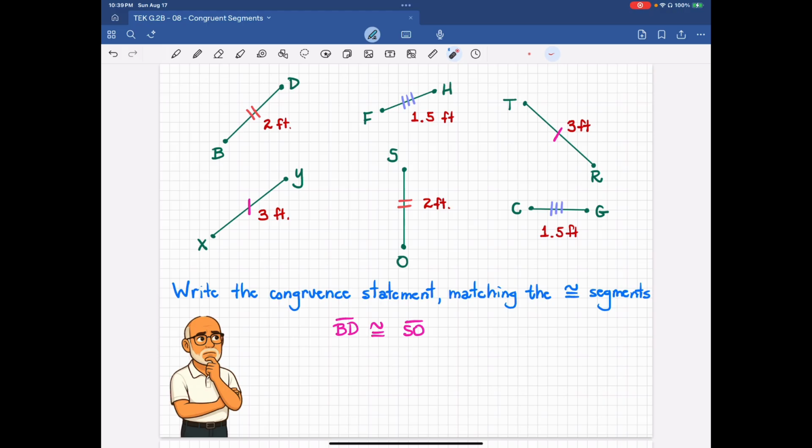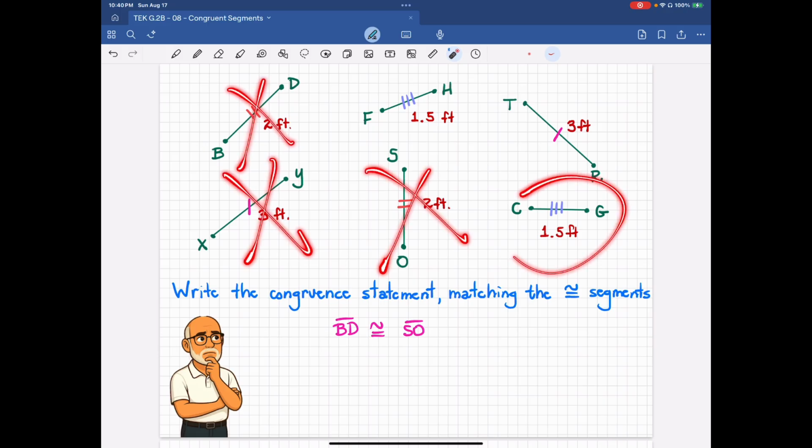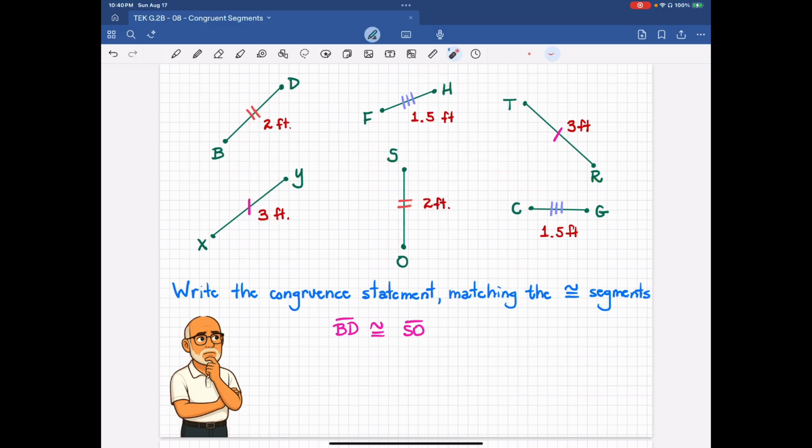Purple, in fact. So I'm looking around. It's not this, it's not this, it's not this. Oh, look, right here and right here. So I'm going to take those, and now I'm going to write a congruence statement saying that FH is congruent to CG.